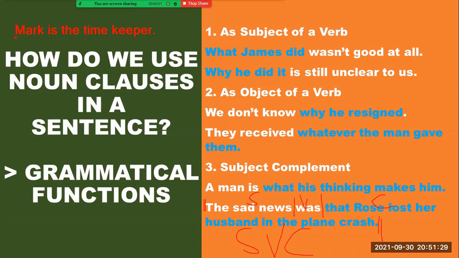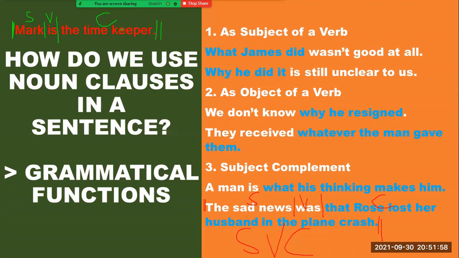All right, so when we analyze this, Mark is the subject here. I want to show you the relationship between the subject and the complement. Then the verb is, and then the complement is the timekeeper.